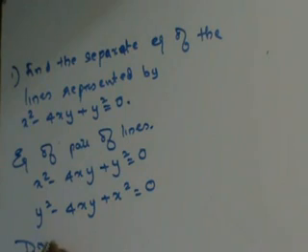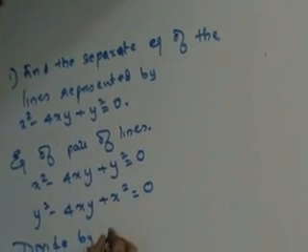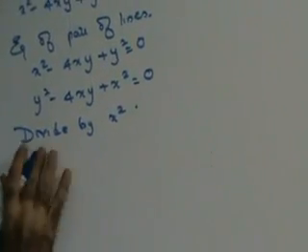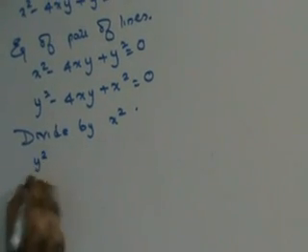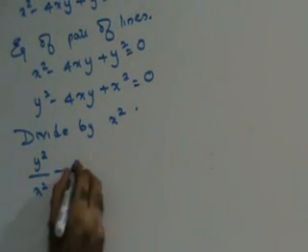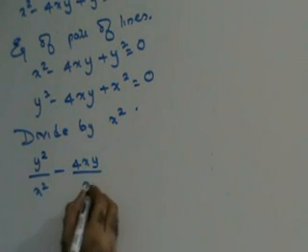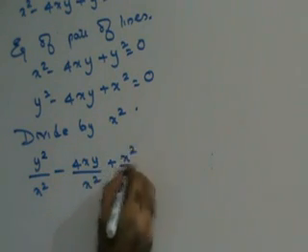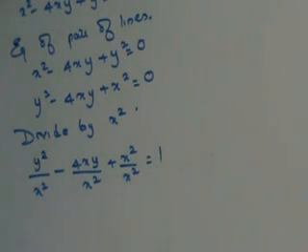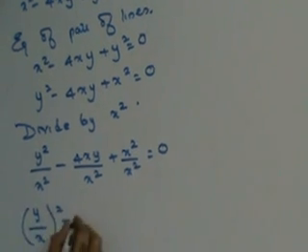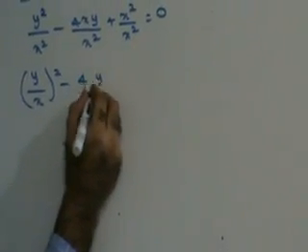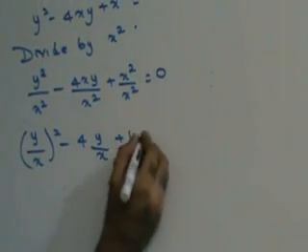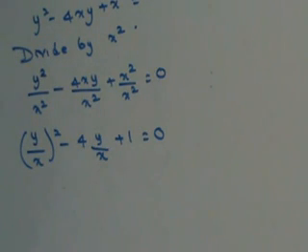Divide by x square. If I divide by x square, I get y square upon x square minus 4xy upon x square plus x square upon x square is equal to 0. So you will get (y upon x) the whole square minus 4 y upon x plus 1 is 0.